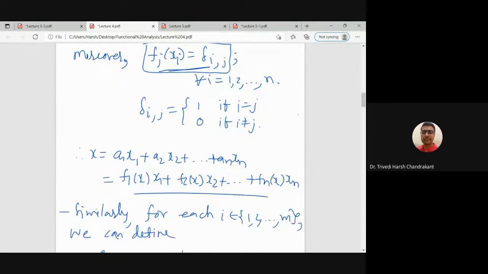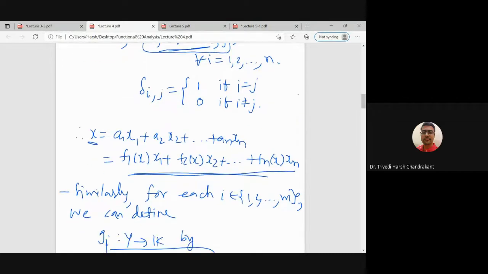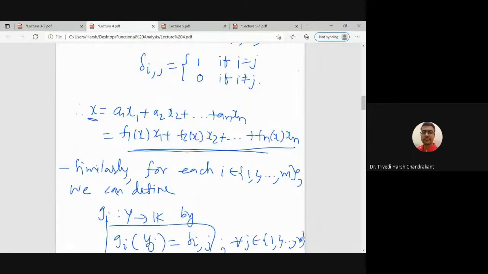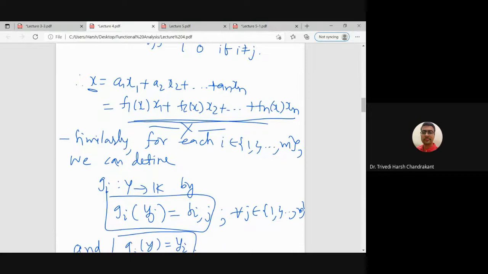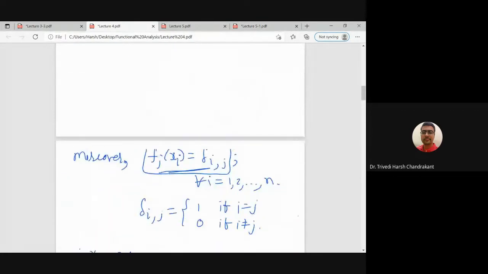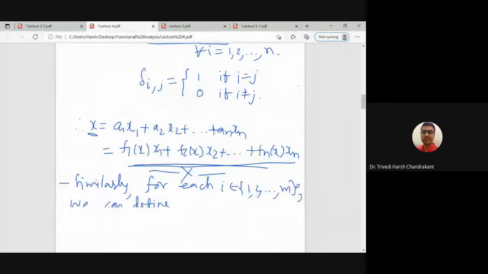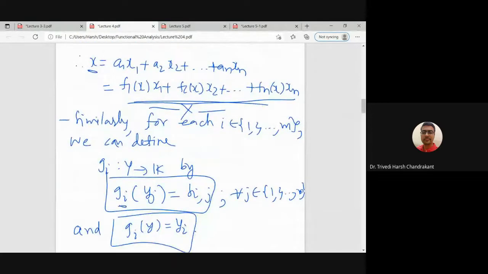So using these coordinate functions f1, f2, fn, we can write every vector as f1(x) x1 plus f2(x) x2, and so on, fn(x) xn. So this we have done so far only for the vector space x. Now the same thing we can do for vector space y, in which this fj function we will denote by gi function.